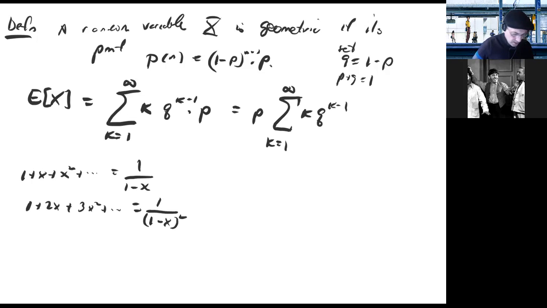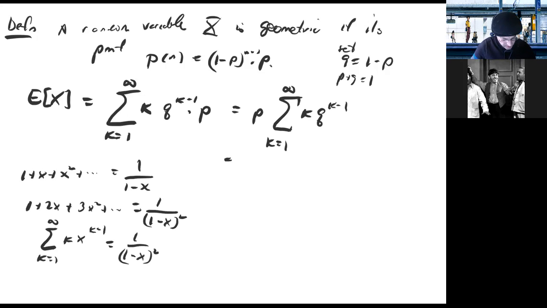And so if we apply that here, the left side is the sum, k goes from 1 to infinity of k x to the k minus 1. And so we know that that's 1 over (1 minus x) quantity squared.